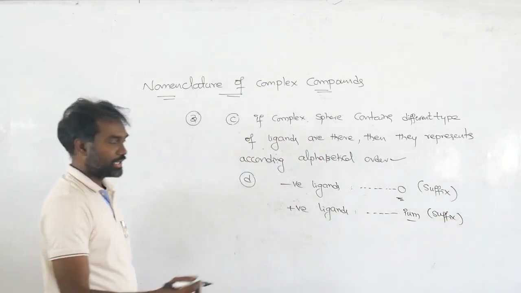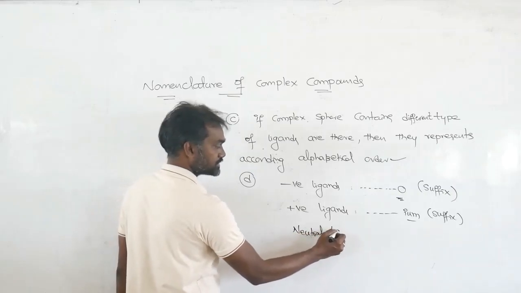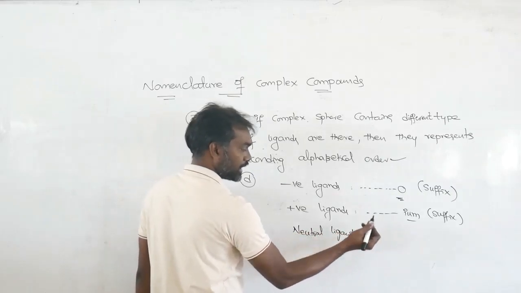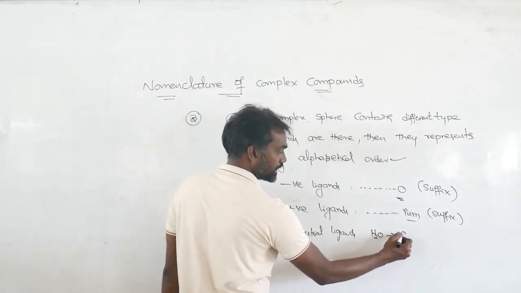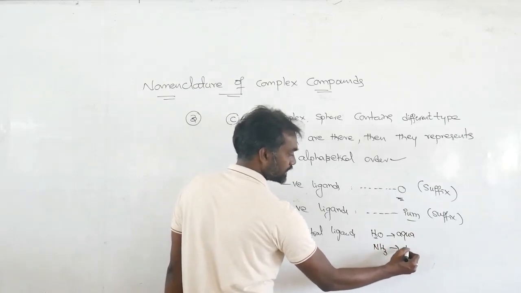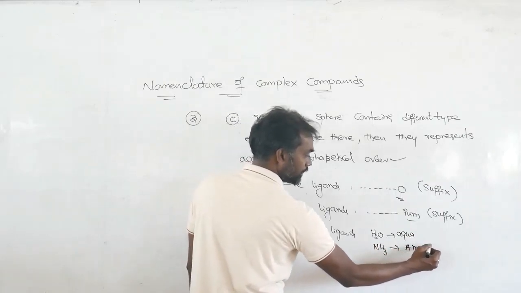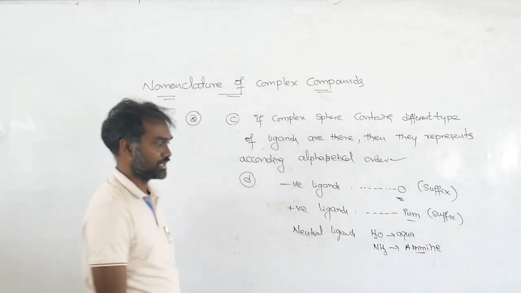Neutral ligands have special names, only a few of them, and we already discussed their names. Water you write as aqua. NH3 you write as ammine, with a double M, special.